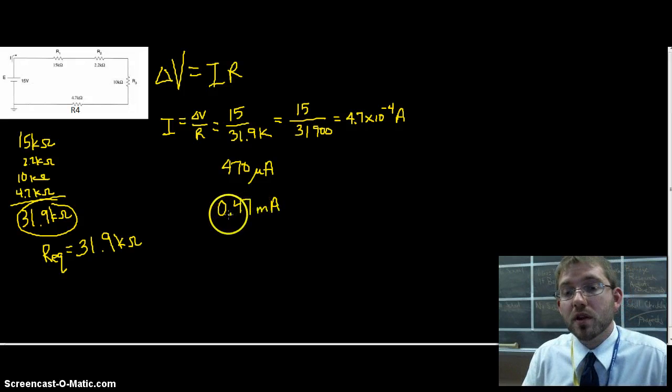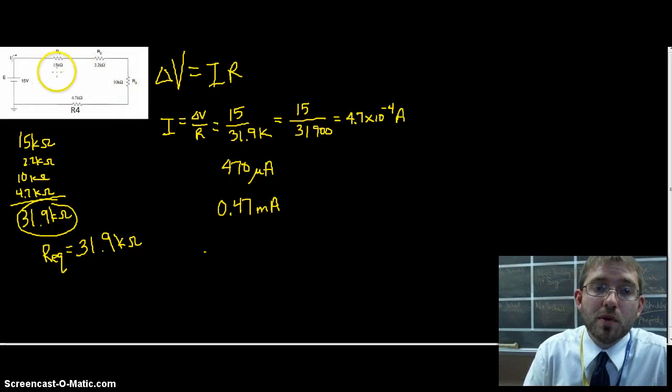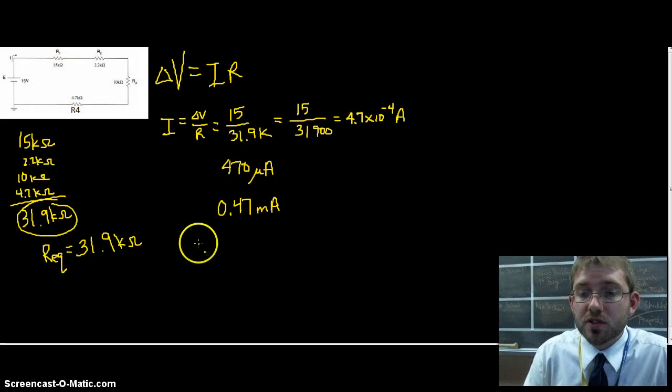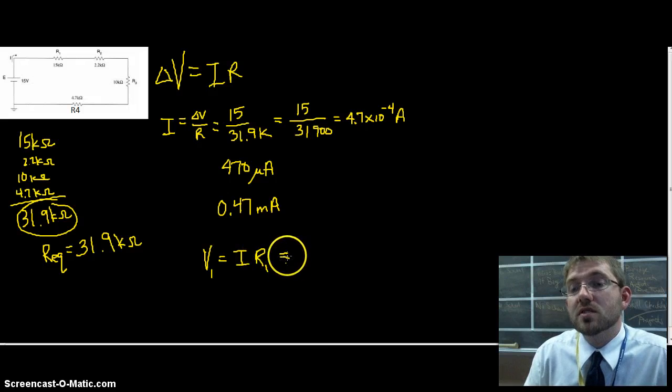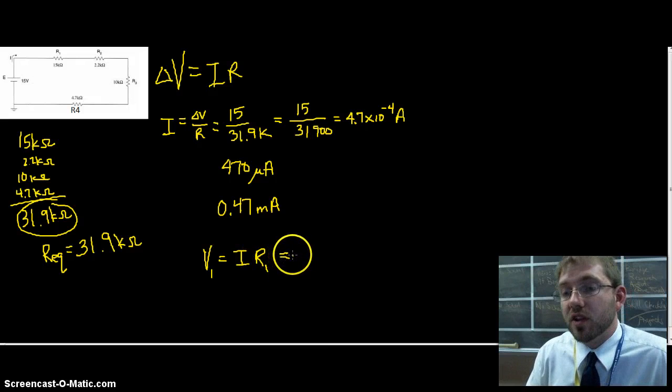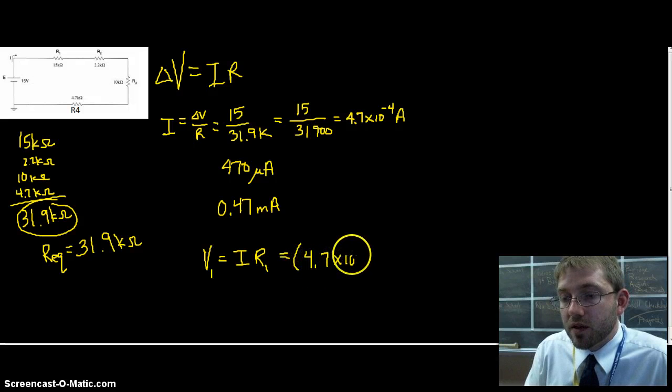That being said, if I wanted to figure out the voltage dropped, for example, maybe across the 15 kilohm resistor, since that's R1, I'll call it V1. If I want to find the voltage dropped across it, I would use this. It's a series circuit. All resistive elements see the same current, so I go ahead and enter it like such, times 15 times 10 to the third power.